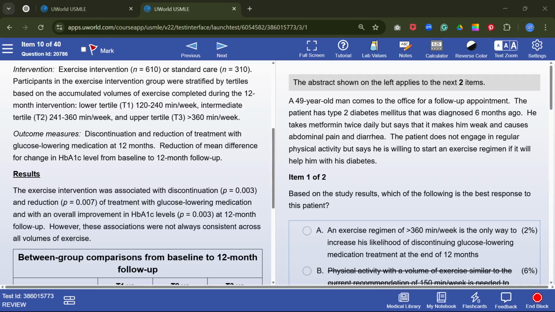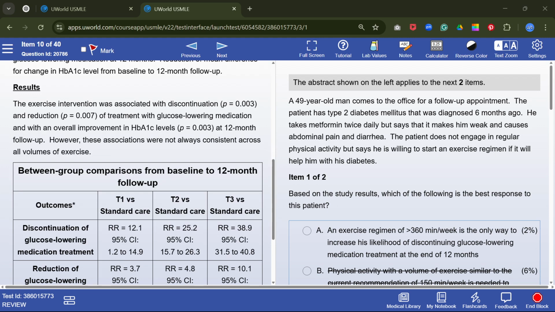Outcome measures: discontinuation and reduction of treatment with glucose-lowering medication at 12 months, and the mean difference for change in HbA1c level from baseline to 12-month follow-up.